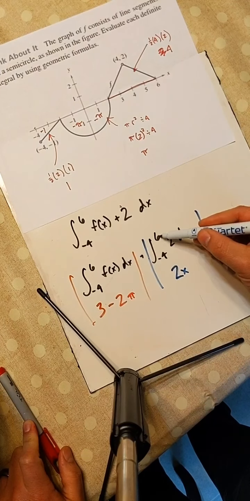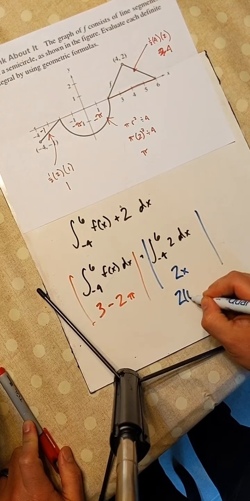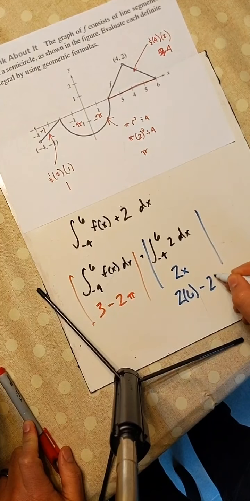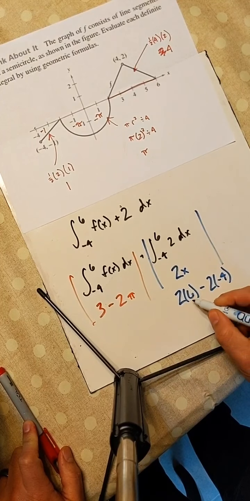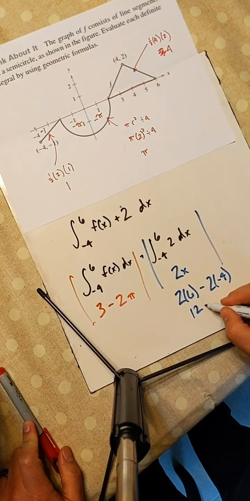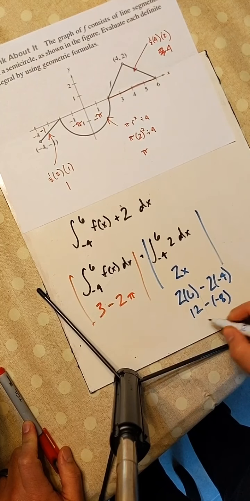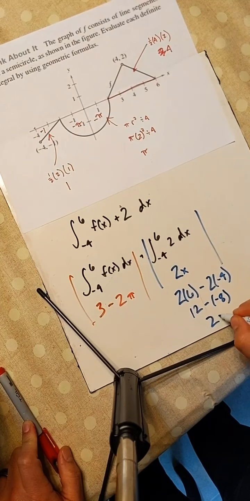Then what we need to do is plug in 6, plug in -4, and subtract those answers. So 2 times 6 is 12, and then minus 2 times -4 is a -8. 12 minus -8 is 20.